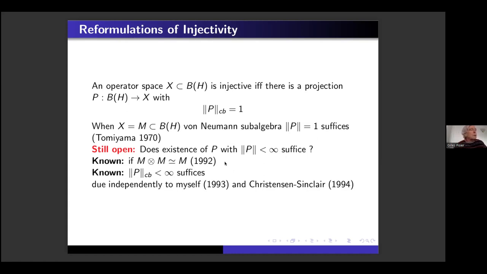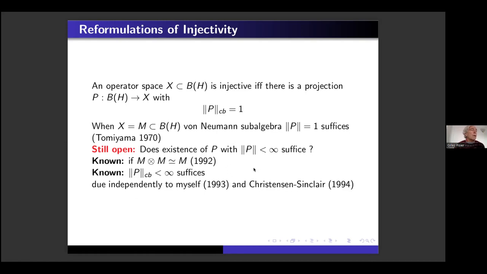What I could prove is that if the von Neumann algebra tensor product of M with itself is isomorphic to M, its tensor square, and this holds, then there is a trick, and you can show that if there's a projection which is bounded, which has finite norm, then there is a projection with norm 1. You can sort of guess maybe the kind of multiplicativity trick, but it requires an argument.